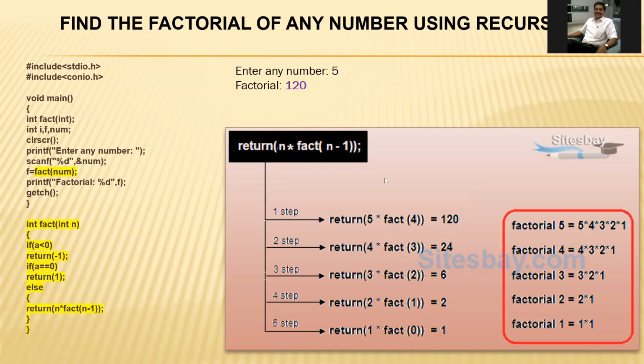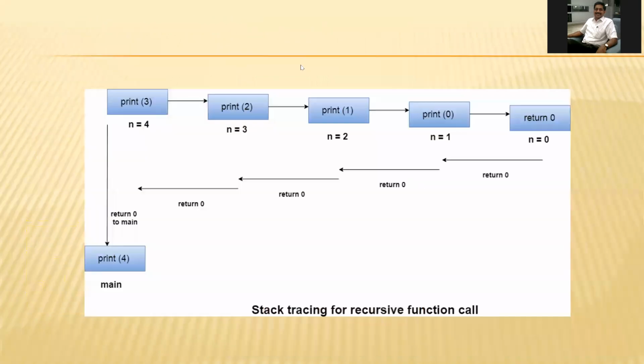Okay, so what is the next? See here, the same thing will be done here. For example, for the value of n equal to 4, the factorial of 4 we can calculate here.